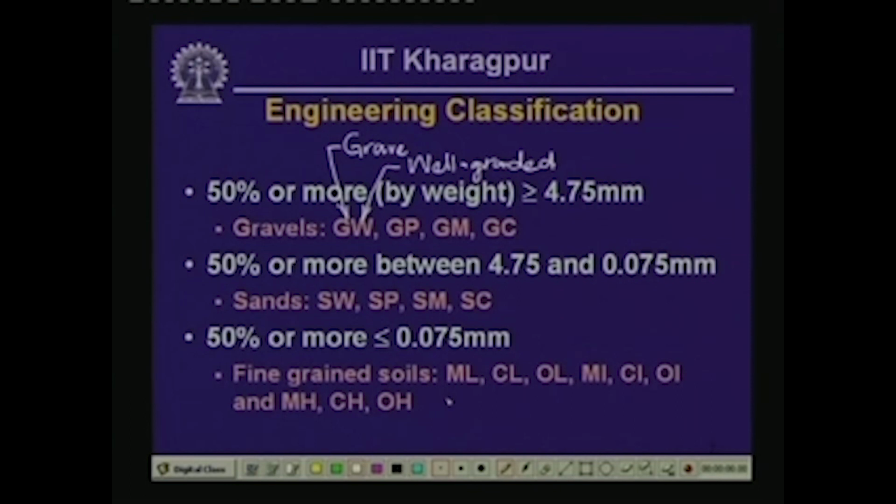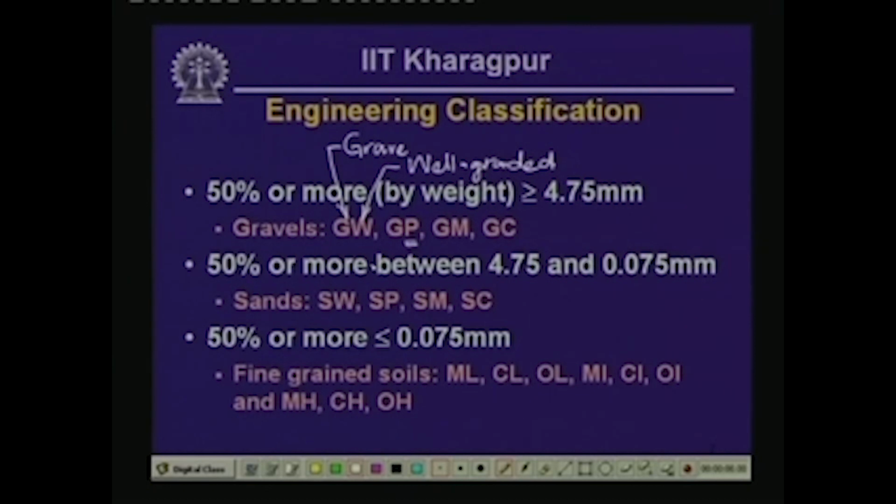Within the matrix, a large range of grain sizes, different size grains, are included. You could also have poorly graded gravel, in which the soil is composed primarily of single sized particles. So, P here indicates poorly graded.